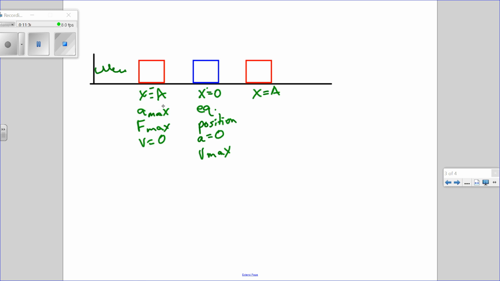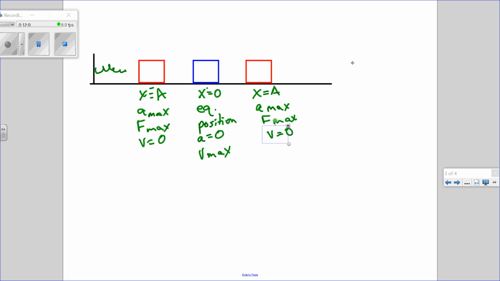Okay, and what you have here, you also have at this other side, which is also maximum amplitude. It's just the spring is stretched instead of compressed, but you have maximum acceleration, again, because the force is at a maximum. That spring is stretched the most it can go. And at this point, it's turning around again, and so the velocity is 0.